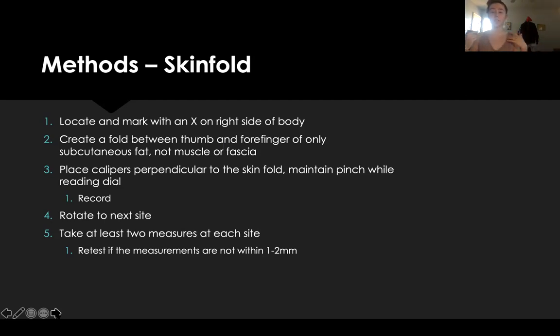But basically, you locate all of those locations, you mark each with an X, and then you go in a rotation. You start off with chest, you measure the chest, and then you go to triceps, you measure the triceps, and then you go to subscap, you measure the subscap, and then you keep going down your list, and then you start over again when you do trial 2.